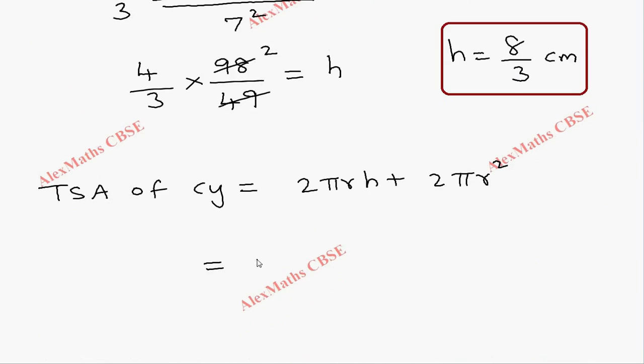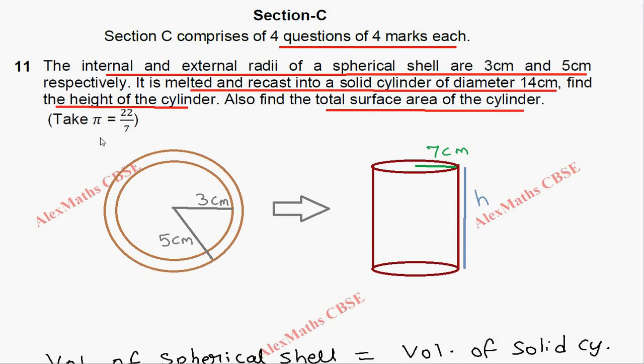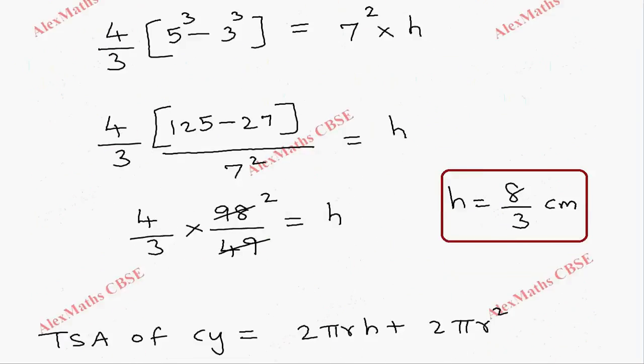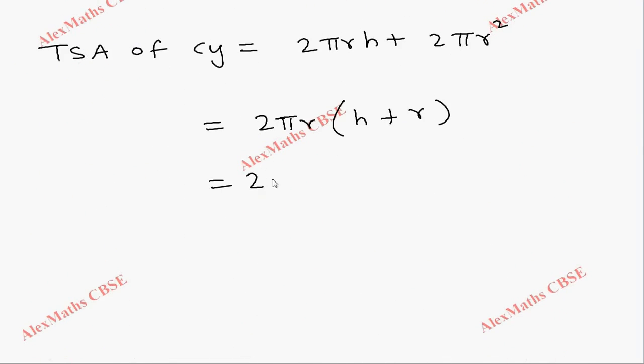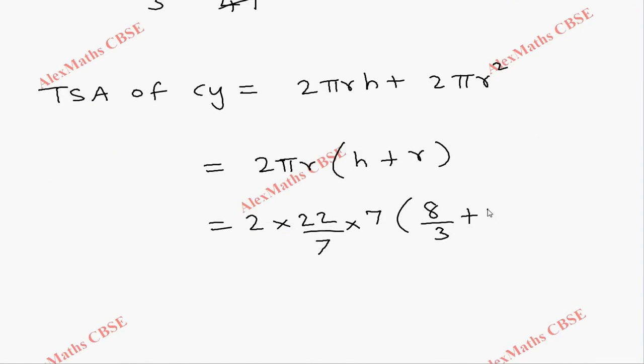Now from this we can take 2 pi r common and the remaining is h plus r. Now substituting this, in the question it is given take pi as 22 by 7. So 2 into 22 by 7, radius is 7 and height is 8 by 3, which we got here, and again radius is 7.